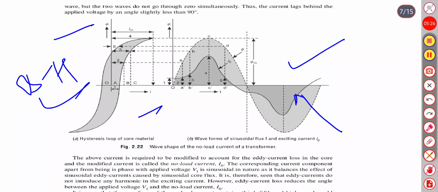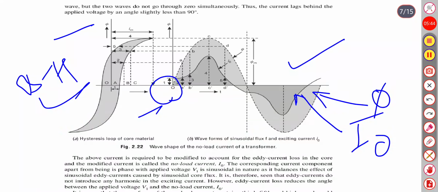This is the I0 waveform and this is the flux waveform. Here both are in the same time frame, meaning there is some small lagging, not much. So you can read this also.